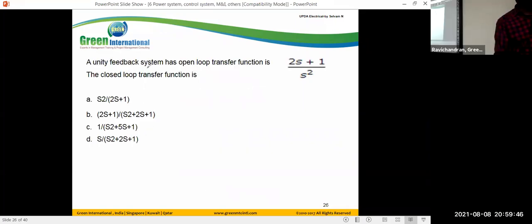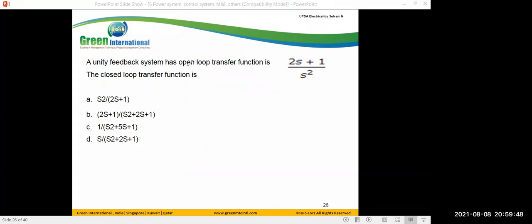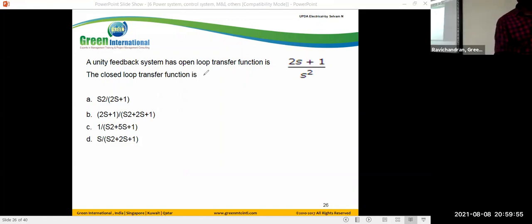A unity feedback system has an open loop transfer function. Find the closed loop transfer function. That means we need to find the closed loop transfer function. What is the formula for the closed loop transfer function? G divided by 1 plus GH.